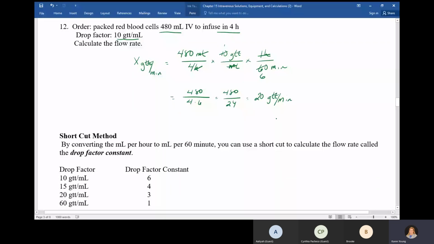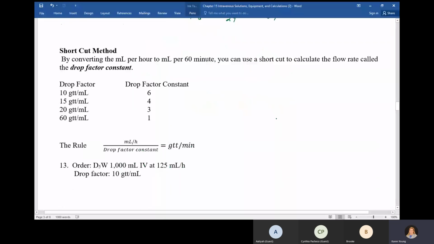All right. Now, the shortcut method, mainly, well, it works with anything. No, it doesn't work with anything. It works with the drops per minute. And it's based on the drop factor, how many drops per milliliter that we're going to give over a 60-minute time.